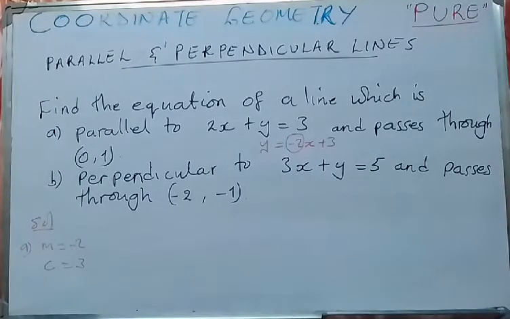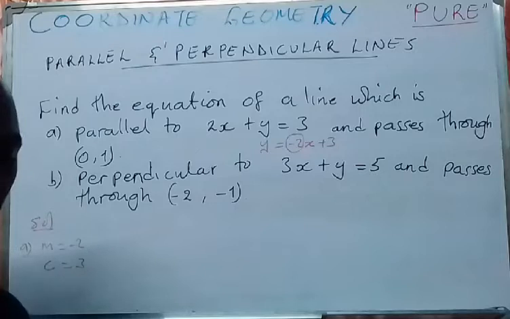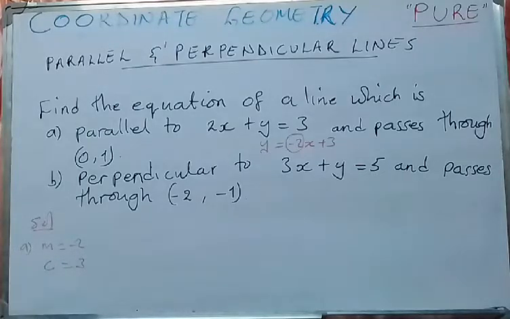Okay? Once we do this, then we are able to find the line which is parallel to this line, and doing that will be very easy. So what are we going to do? Since we have gradient -2 and y-intercept 3, let us work out the equation.